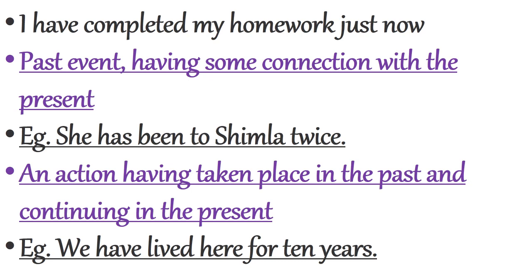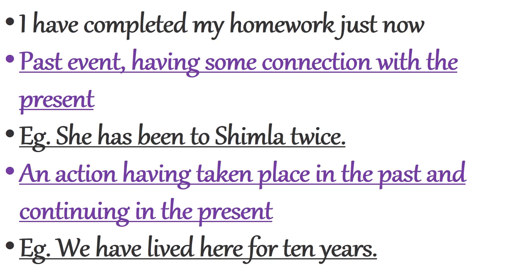Then next is, it expresses an action having taken place in the past and continuing in the present. For example, we have lived here for 10 years. Means here we used a specific time. He has known her for 3 years. I have not heard from you for over a year.